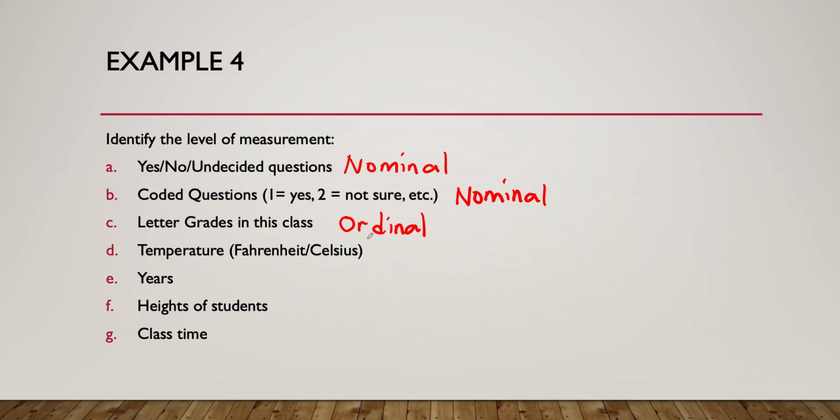Temperature in Fahrenheit or Celsius. Note that specification. This is an interval level of measurement. And that's because 0 degrees Fahrenheit or Celsius does not mean an absence of heat.